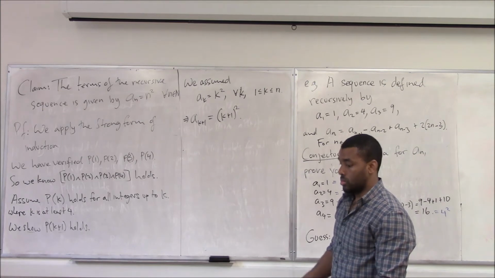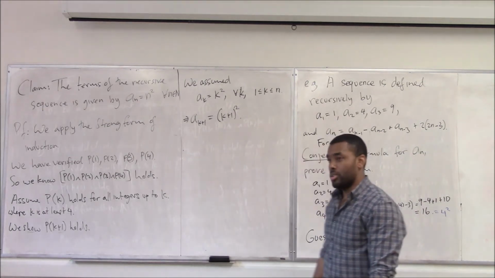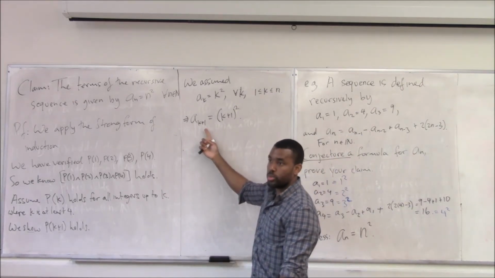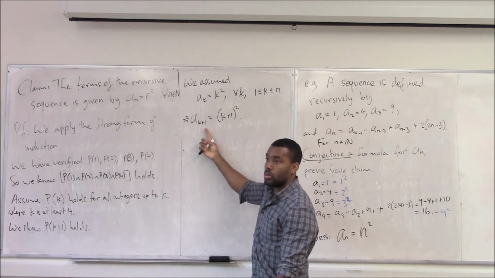Rewrite it using the recursive definition. Right. Why would that not be the thing to do? It's begging the question. You need to prove that it's true for the k plus 1 term. Right? Not like that. Using the recursive definition.